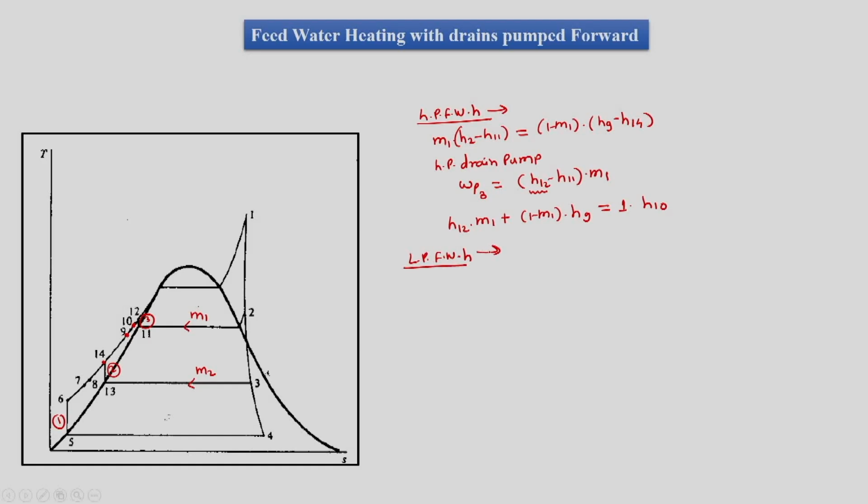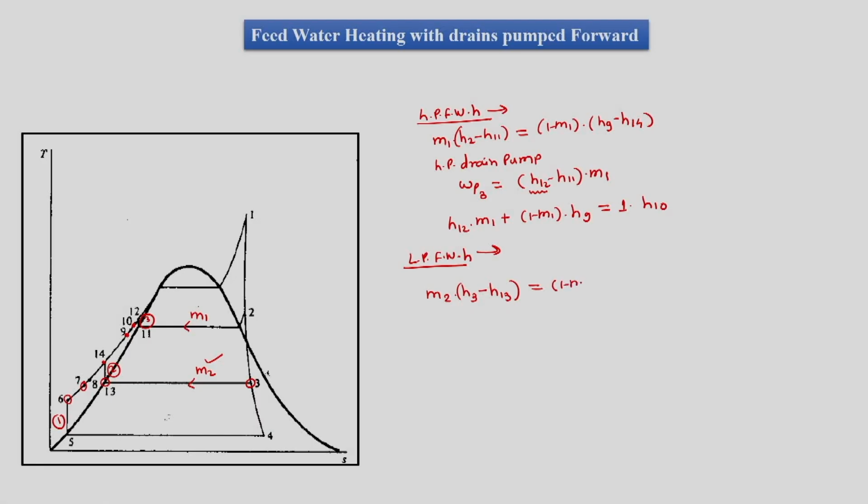In case of the low pressure feed water heater, where we have M2 amount of mass, we can write down the energy equation here. M2 amount of mass is losing enthalpy from 3 to 13. In this case, water is getting its enthalpy raised from 6 to 7.